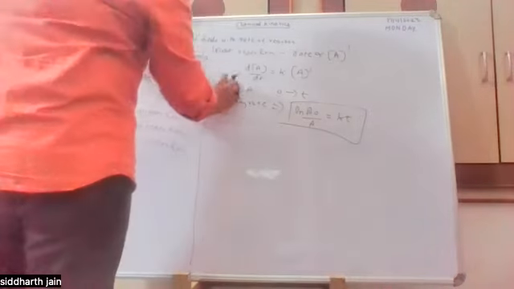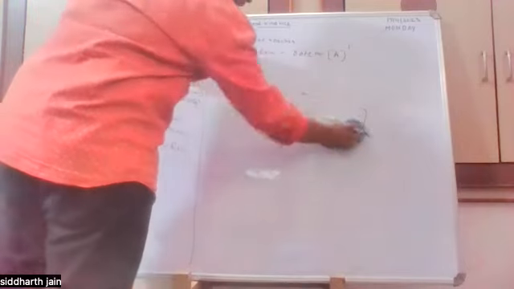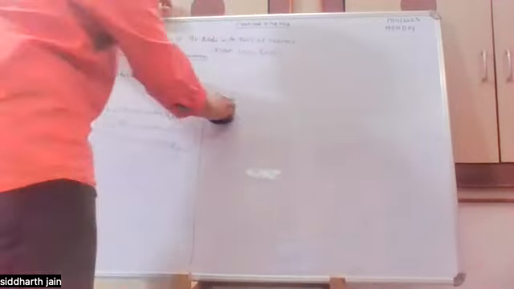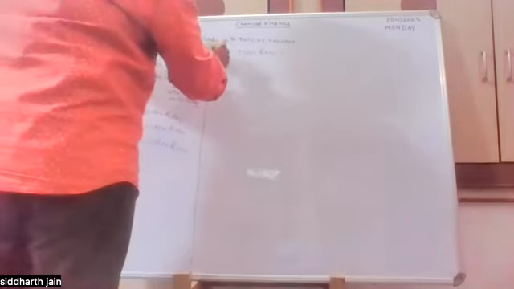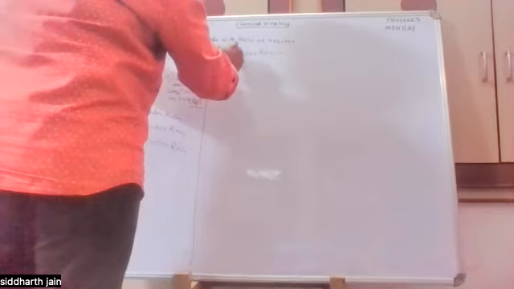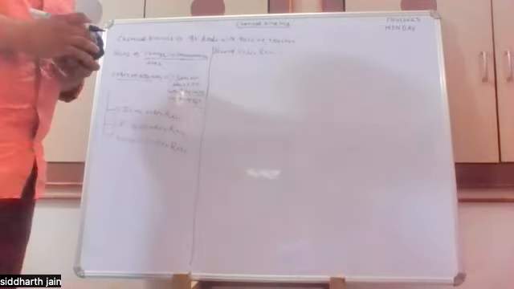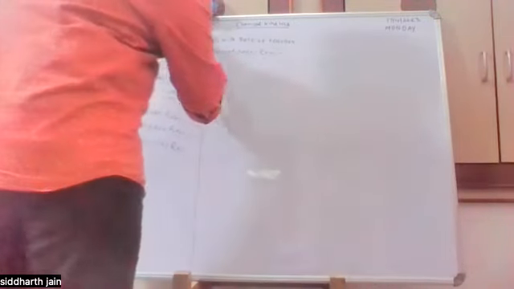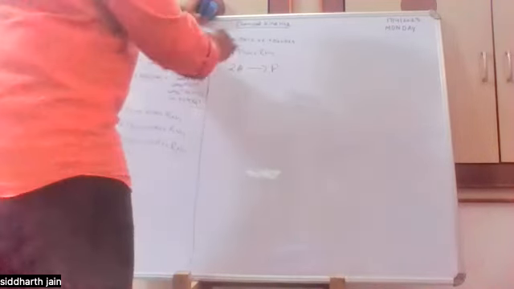And if we take the second order reaction, now in case of first order and zero order, we are having only one concentration term. But in second order reaction, there can be two types of second order reaction. For example, if two molecules of A are getting converted into a product, this can be one case.